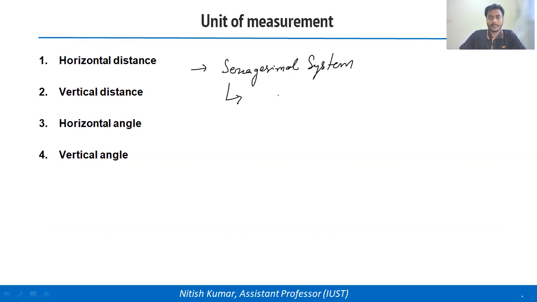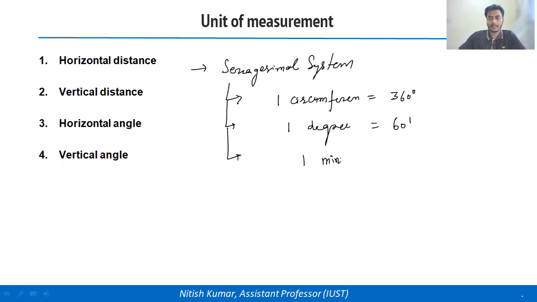According to this system, one circumference is equal to 360 degree, 1 degree is equal to 60 minute, and 1 minute is equal to 60 seconds. You can follow the notation also, right? So this is the representation of the sexagesimal system.